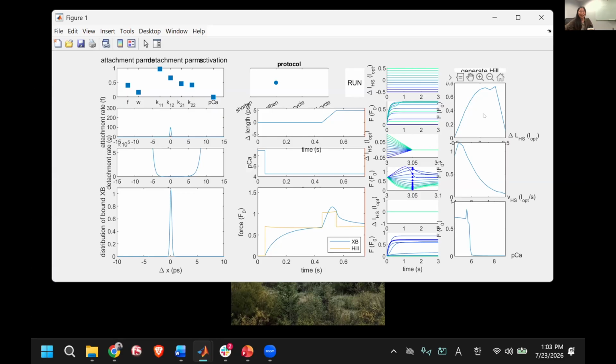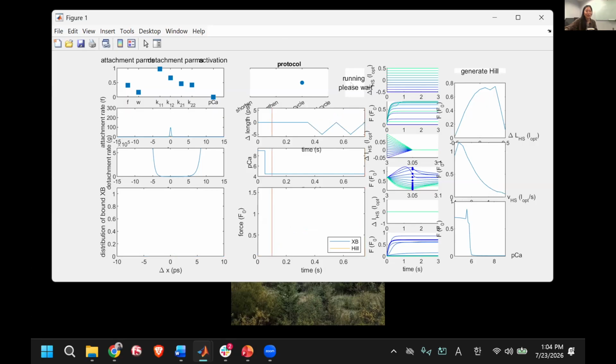But yeah, that is how we can generate the Hill-type curve, or the force length and force velocity curves, out of our cross-bridge muscle model. And now you can see that the Hill-type muscle model predicts a similar amount of force as our cross-bridge model. And now we have this new Hill-type muscle model.